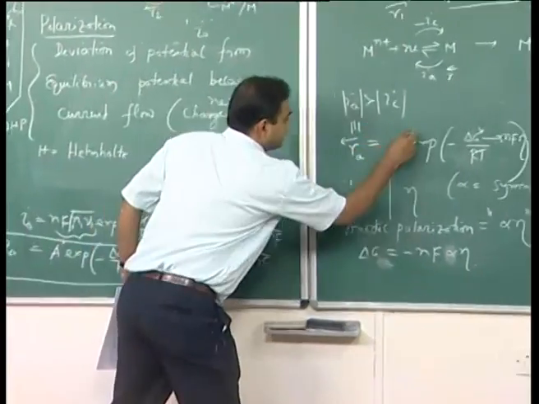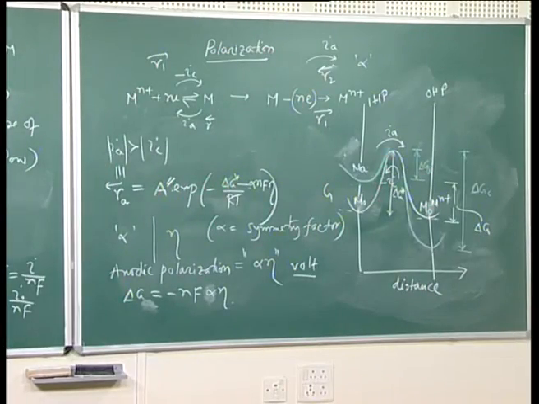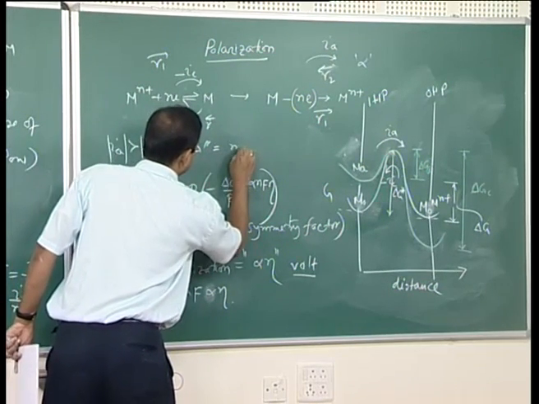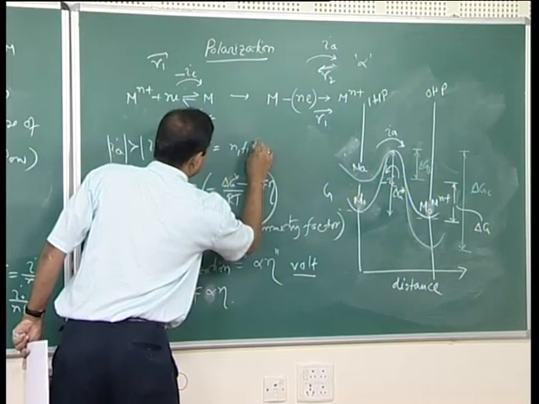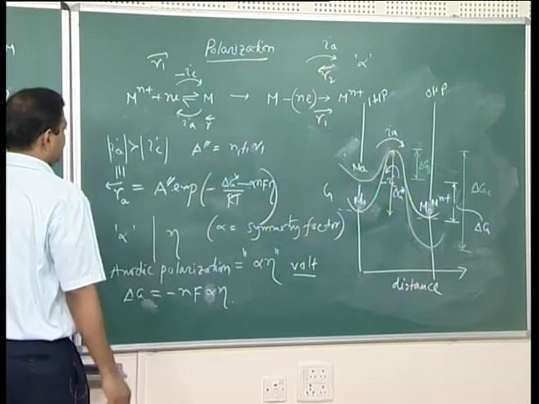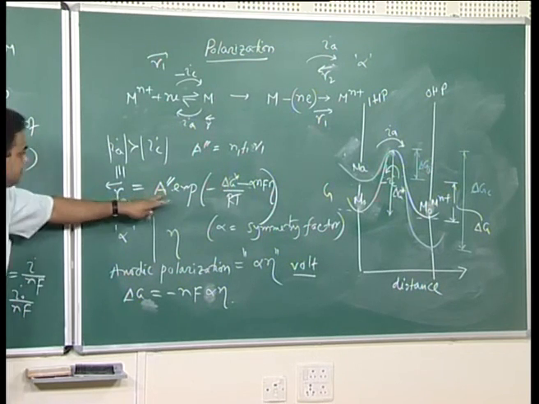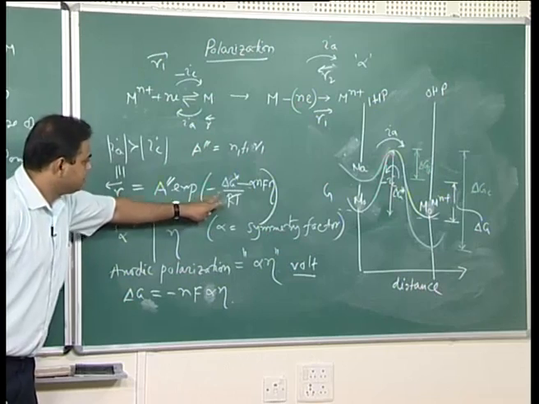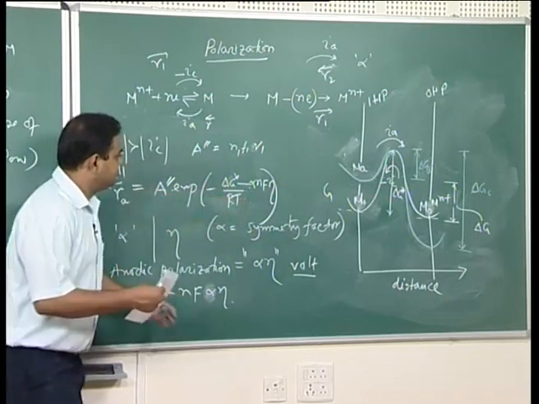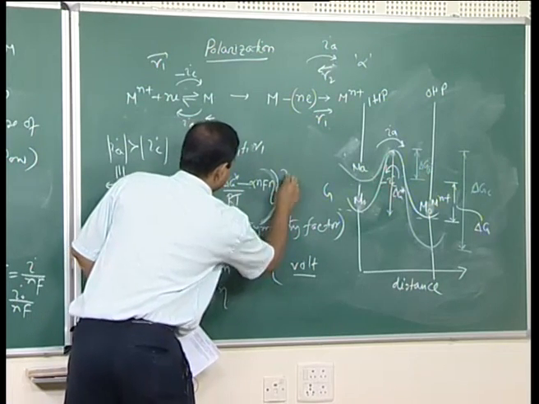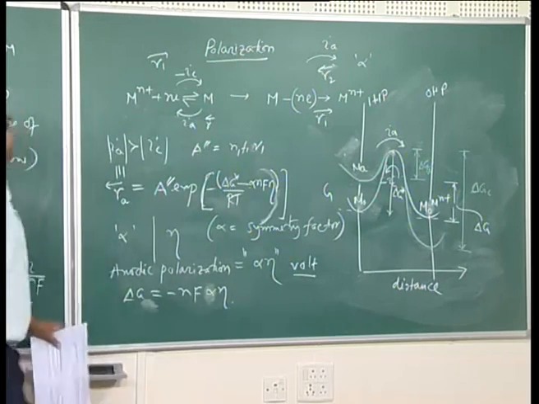I can put it as a different constant, where A double prime is nothing but n1 F1 nu1. So, RA, which is the anodic rate, is nothing but A double prime exponential minus this.